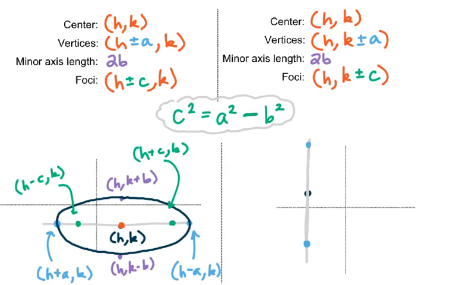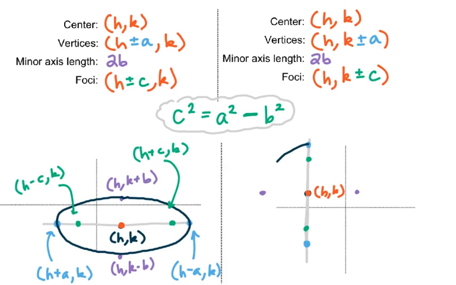So this should be symmetric, plus a, minus a, and we're adding those to the k value, or the y, of our center because our center is at (h, k) and we're shifting vertically. That change is occurring in the y. My foci are also on the major axis, somewhere between those vertices and the center, also equidistant. And then we'll have some b value. The b value goes to the left and the right.